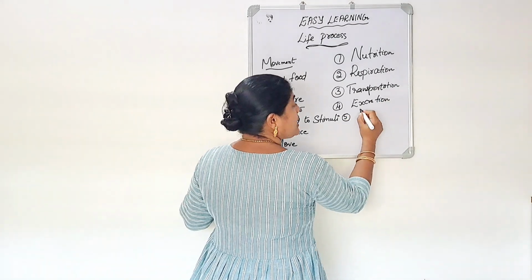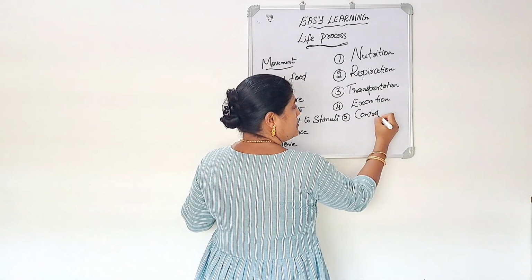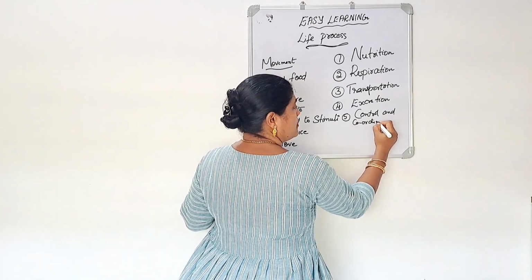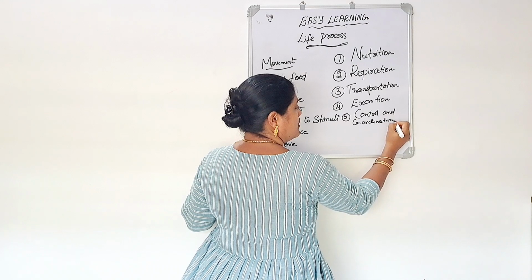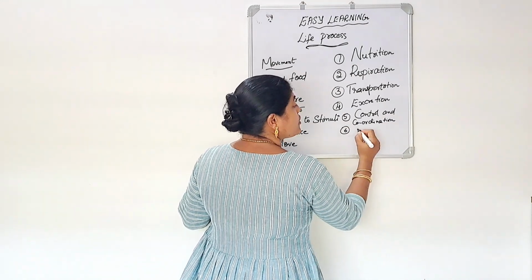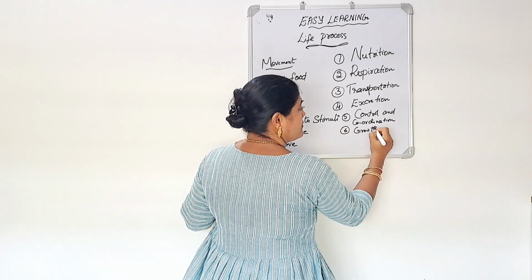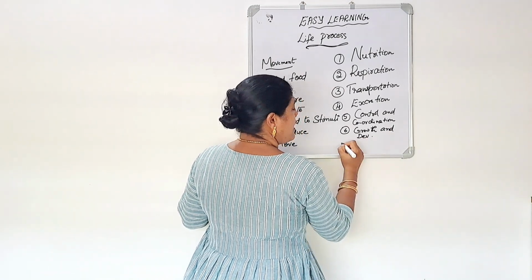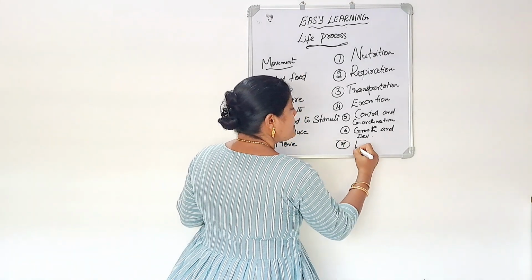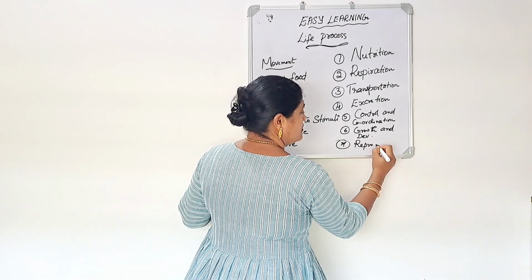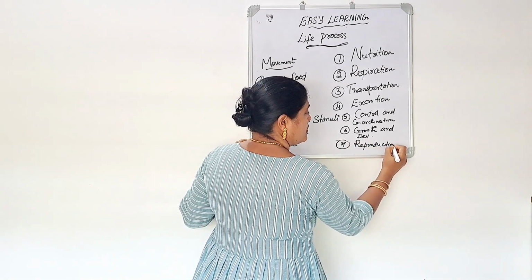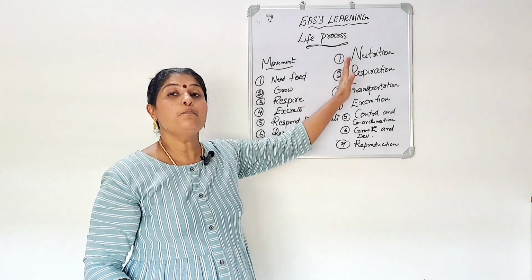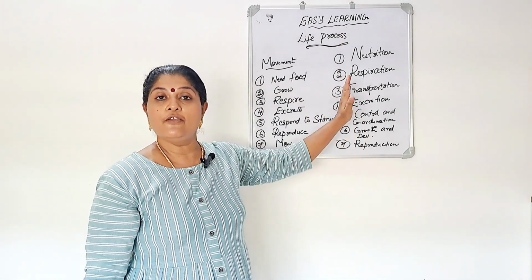Fifth one, it is control and coordination. Sixth one, it is growth and development. And seventh one, it is reproduction. These are considered to be the main basic functions of the living organism.